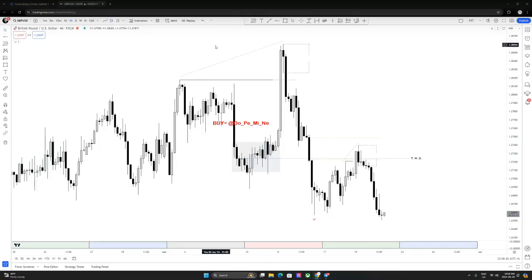If you realize, here we had no higher time frame PD arrays to pay attention to. The only thing that gave us an idea that price was going to turn around was the sequential SMT here and the precision swing point right here.